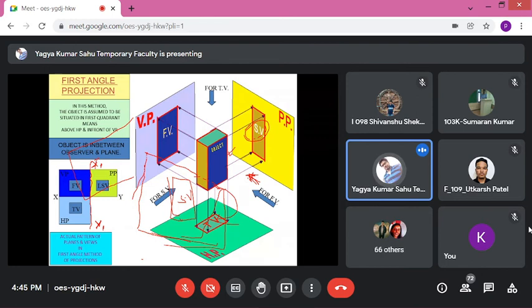So it is on the left hand side of the front view. Here you will draw another X1 Y1. Are you getting this one? Yes, sir.